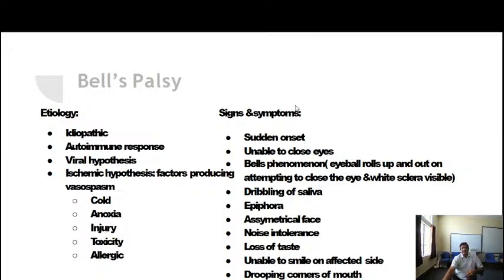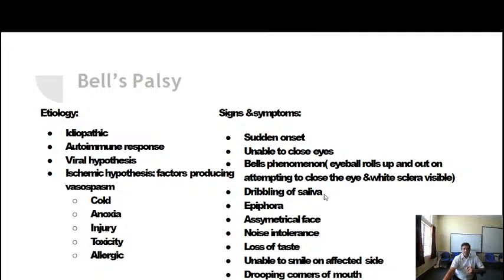The signs and symptoms are sudden onset, and being unable to close the eyes. Bell's phenomenon is where the eyeballs roll up and out on looking up, when you are trying to close the eye, and the white sclera is visible. This is called Bell's phenomenon.